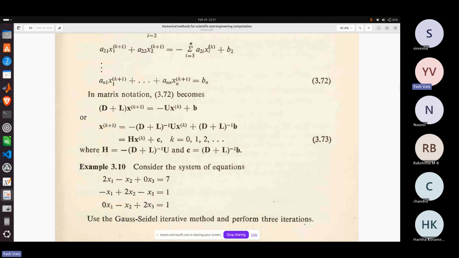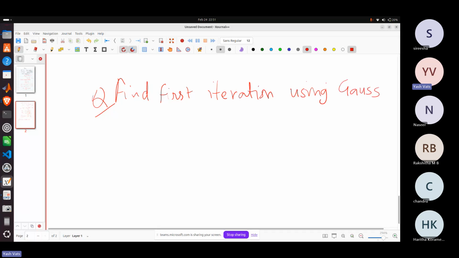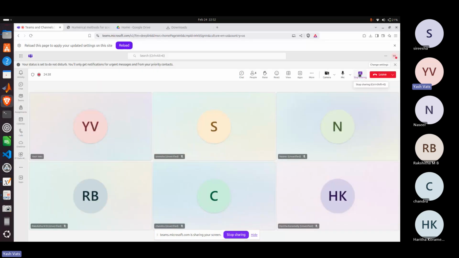So find first iteration using Gauss Jacobi method. So your system is this one, just use this one and try to find out. Not more than 5 minutes.